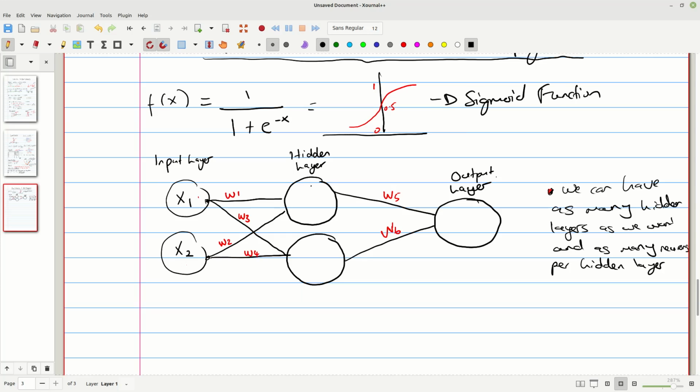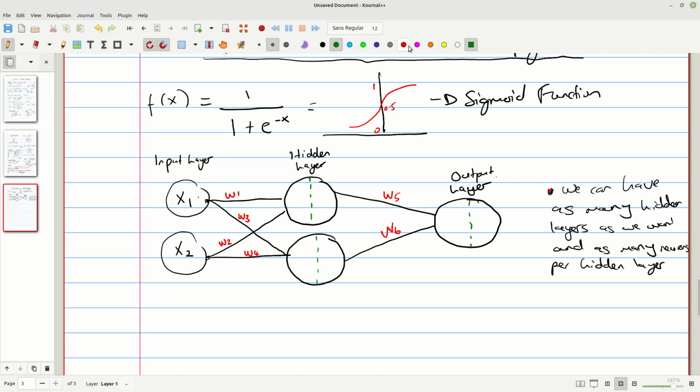So what we would expect, let me actually represent this here. There's a particular reason I'm doing this, which I'll tell you in a moment. What we have here is x1 times w1, x2 times w2, like we had in our perceptron, and that gives us z1.